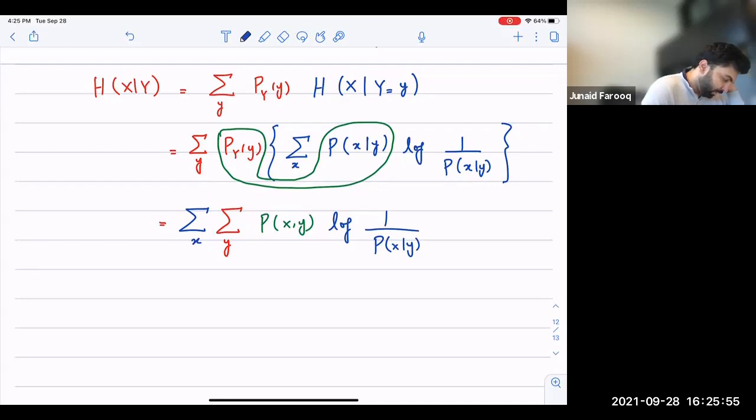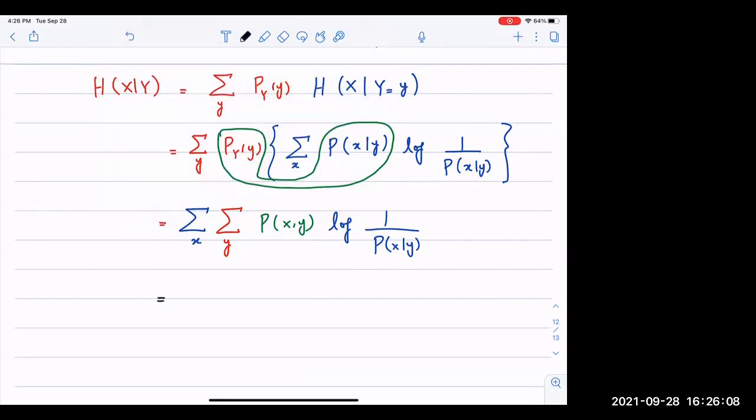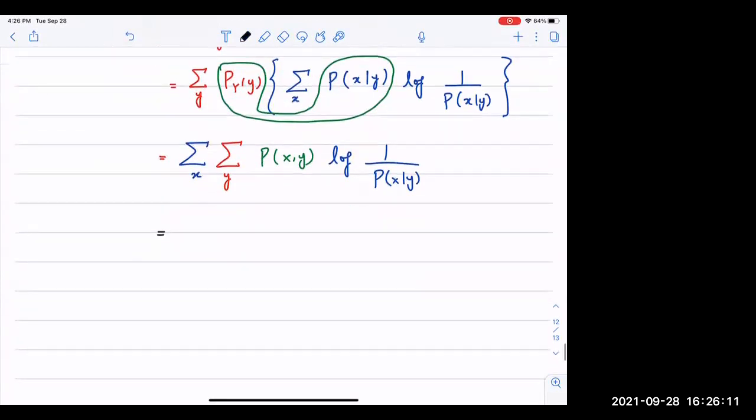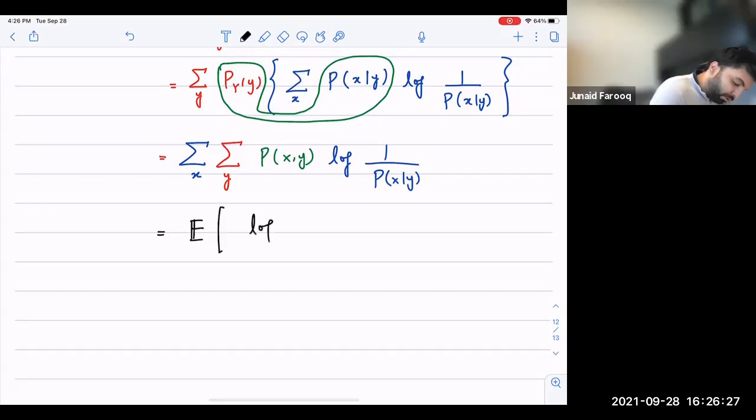Essentially, it can be written as the expected value of log 1 over p of x given y.